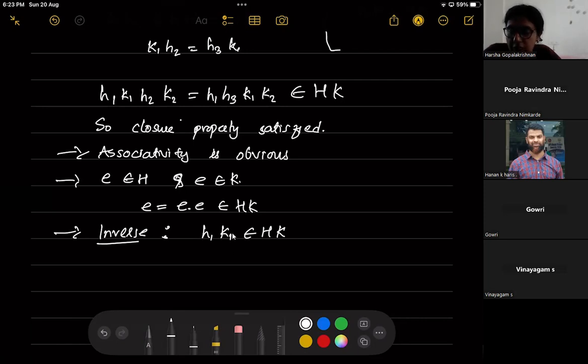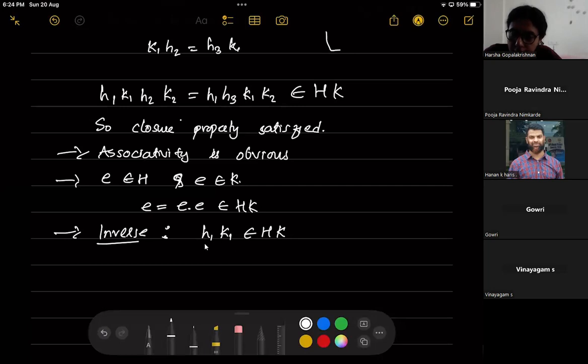So, H1K1 is an element in G, and an element in G has an inverse in G. Obviously, some inverse is there in G. The thing we need to check here is whether that inverse belongs to HK or not. If it belongs to HK, then HK is a group. If it does not belong to HK, we can say HK is not a group.